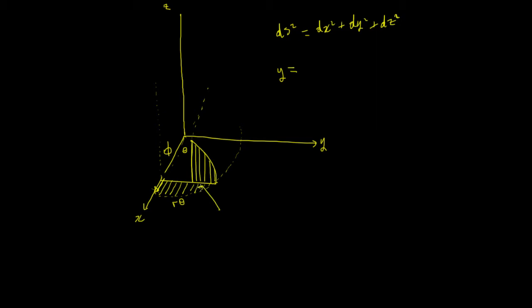So that line there, we could call that r1. Now r1 is different from r. R is the full distance to here, r1 is a shorter distance.